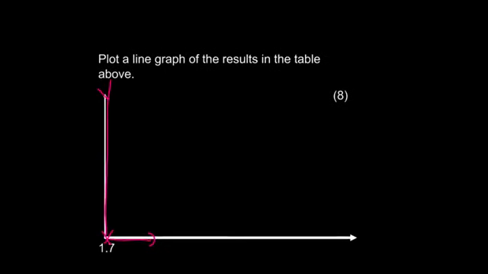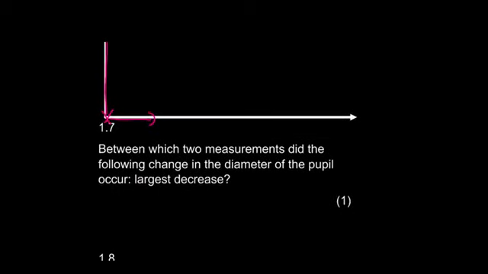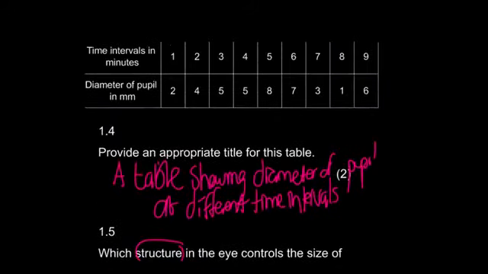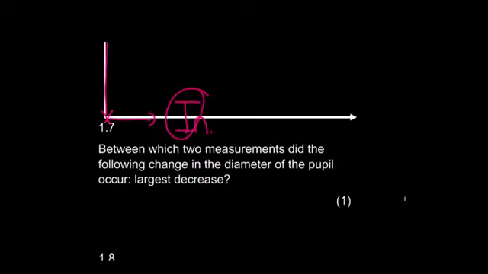What do I put on the x? I put my independent variable, what I chose to do. And what did I choose to do? I decided on the time. So on this axis is time in minutes. I decided when I was going to shine the light.